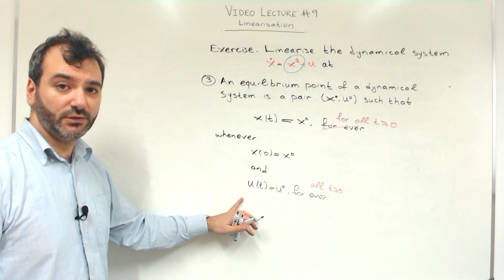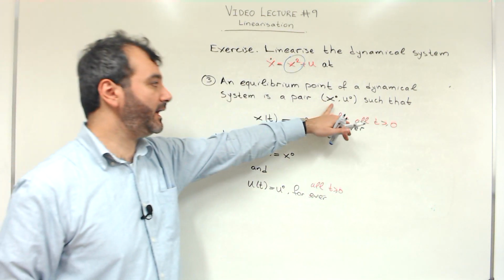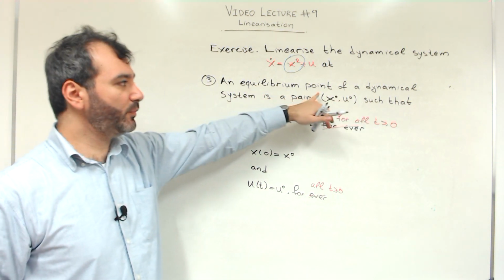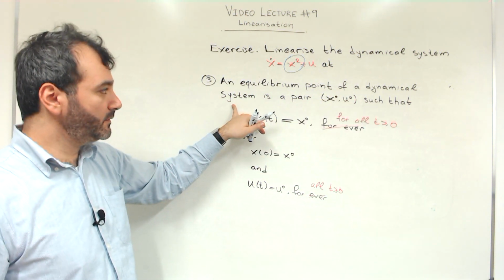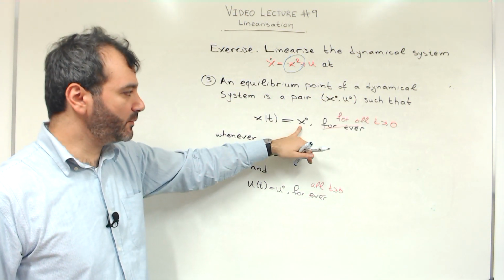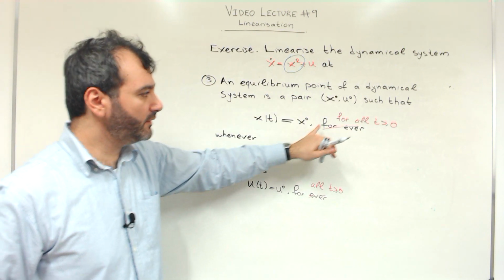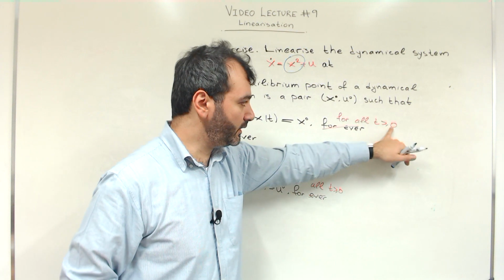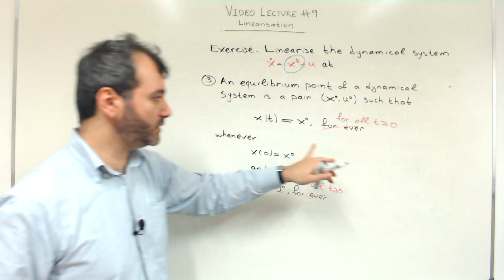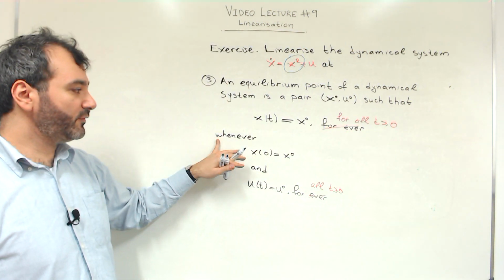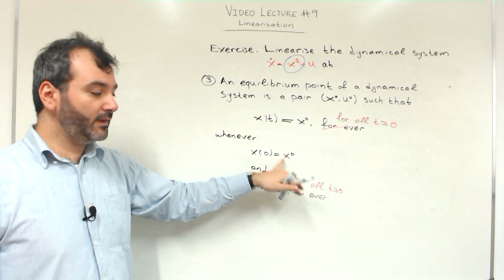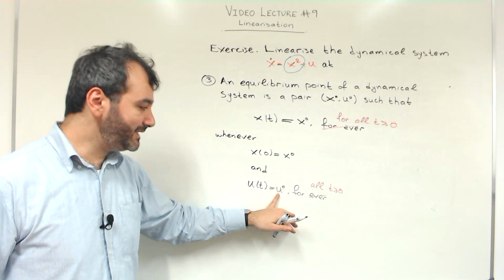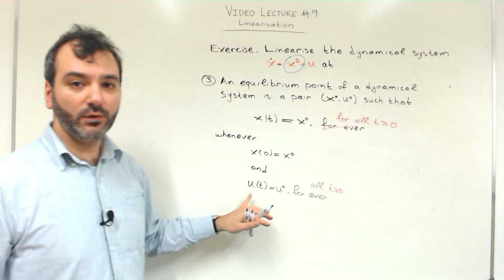The definition of an equilibrium point, a pair x0 u0, is the following. x0 u0 is an equilibrium point of a dynamical system if the state of the system remains at that x0 forever, for all t larger than or equal to 0, provided that it starts from there and that the input variable is constant and equal to the corresponding equilibrium value.